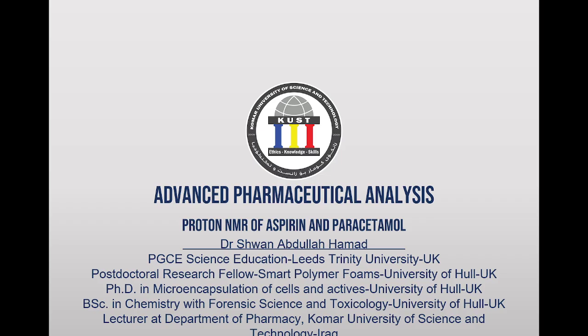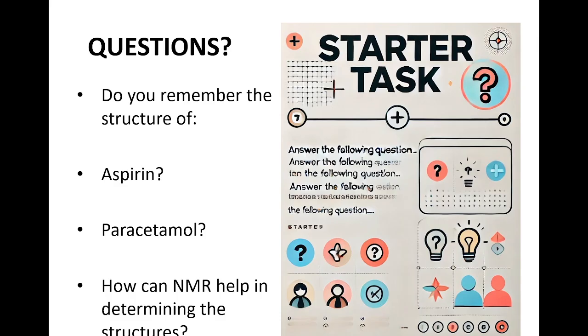So what we're going to do, we're going to see a simple NMR instrument and simple NMR experiment, how we perform that, and then we're going to interpret the proton NMR spectrum for aspirin and paracetamol. These things are important to remember. What is the structure of aspirin and structure of paracetamol, how NMR can help us determine these structures.